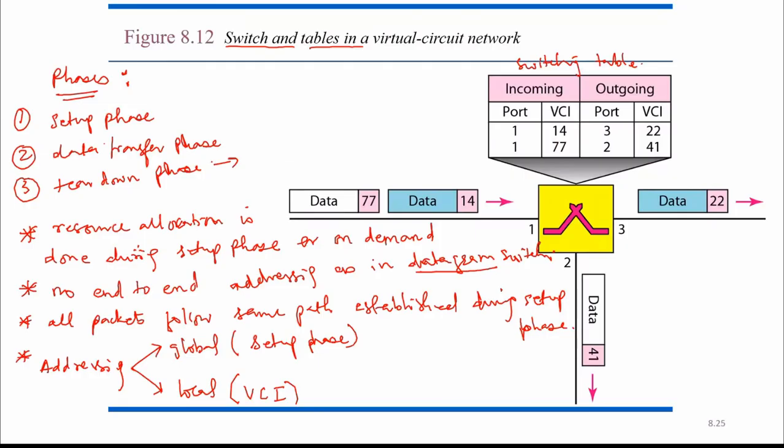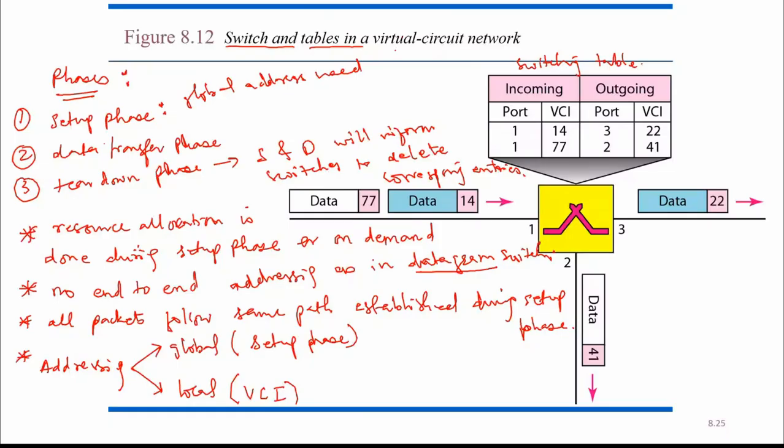In the setup phase, the global address is used for path setting, and in data transfer, the normal data transfer takes place. So this is the basic idea about virtual circuit switching.